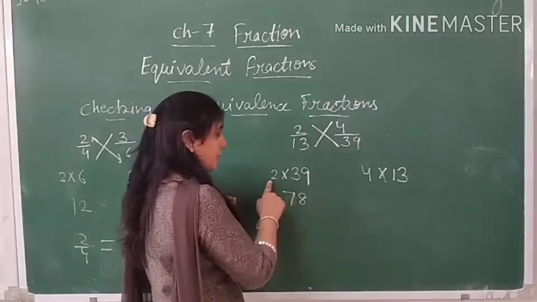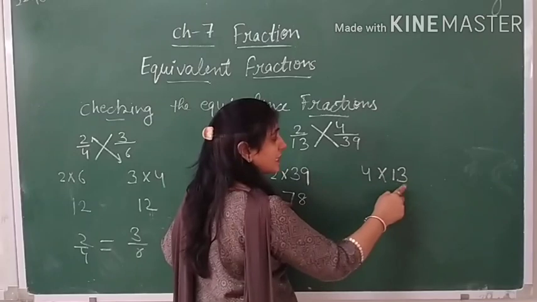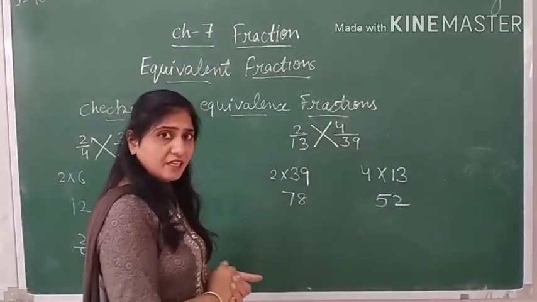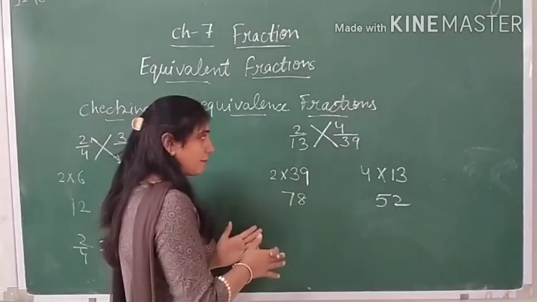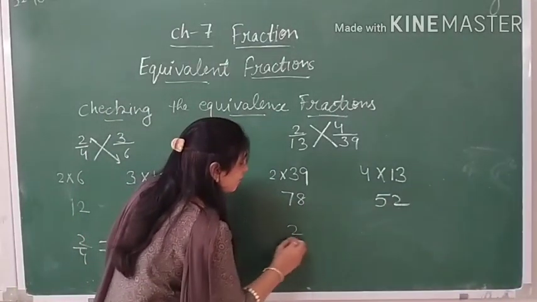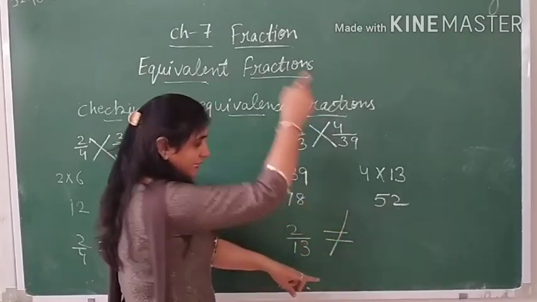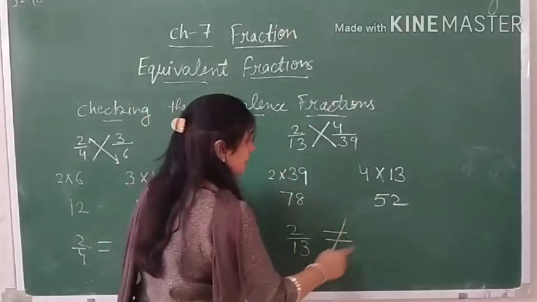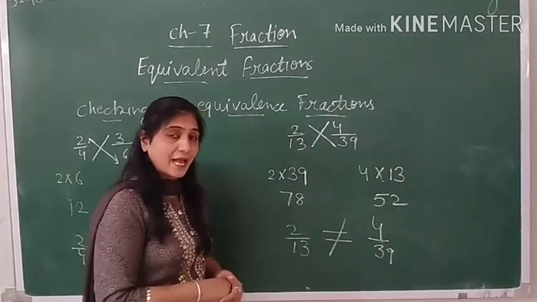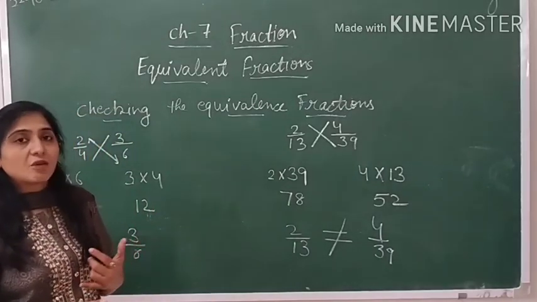Multiply 39 by 2, I got 78. Now we have to multiply 4 by 13. 13 4s are 52. See, the products are different. After the cross multiplication, we got different products. So you can say 2 by 13 is not equal to 4 by 39. These are not equivalent. Is it clear? How can we check whether the given fractions are equivalent or not?